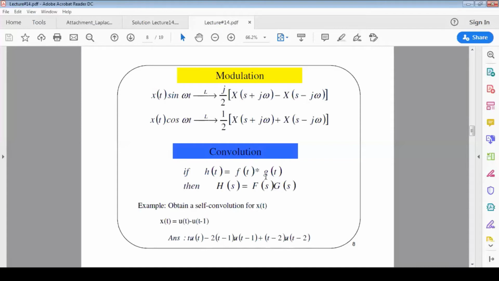Okay, let's have a look at this example, which is to find a self-convolution for x(t). What is meant by self-convolution? It means convolution between x(t) and x(t), in which x(t) is given to be u(t-1). Let's have a look at the solution.